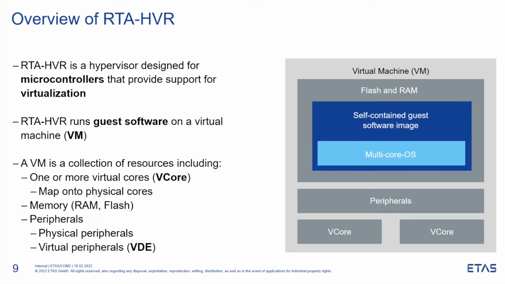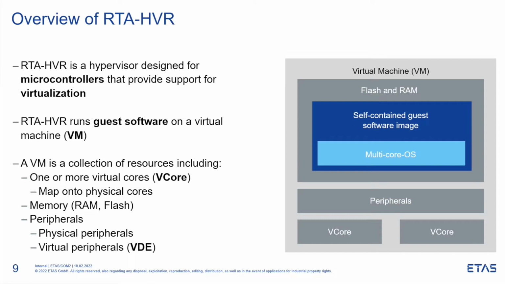The other element of virtualization is a two-level MPU. That's a memory protection unit that can be programmed both at supervisor mode and within hypervisor mode. And of course, the programming for the hypervisor mode can't be overridden by the programming at the supervisor mode. So it runs guest software on a virtual machine.